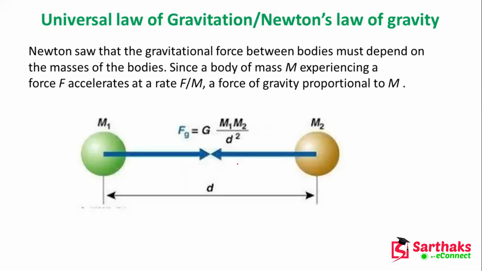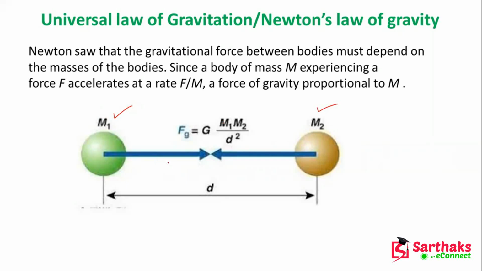Now, as I have told you, in this lecture I will also discuss the universal law of gravitation and Newton's law of gravity. Here, you can see two masses you have, two objects you have. One has the mass m1, another has the mass m2.